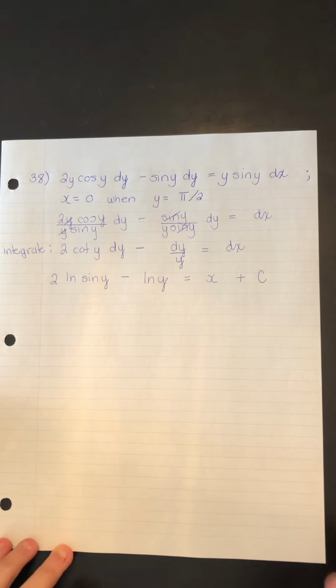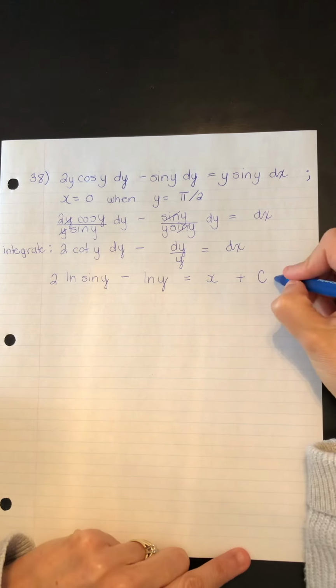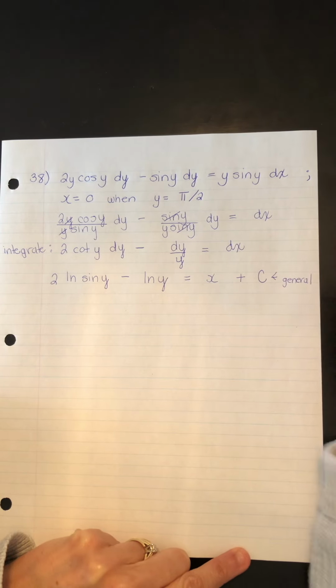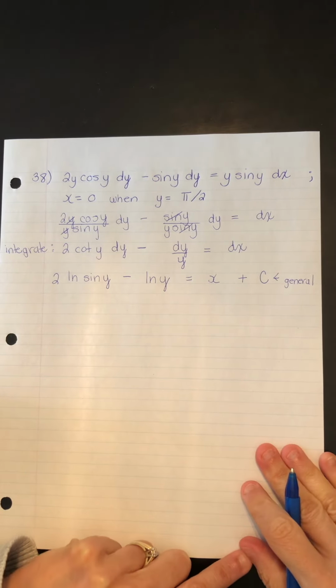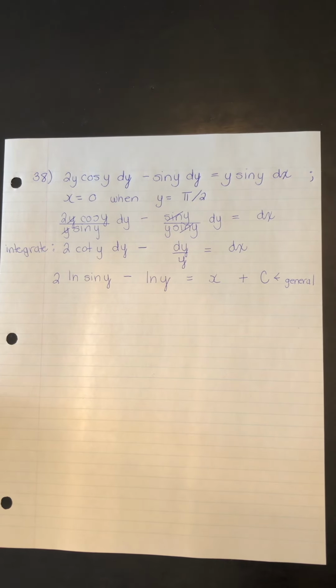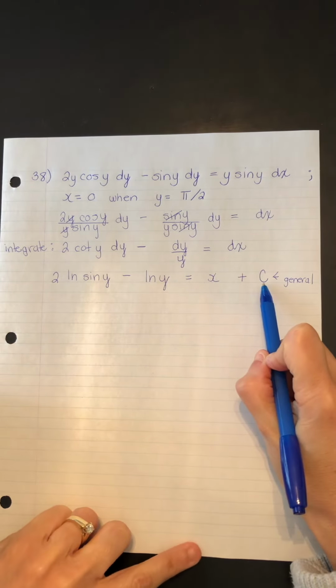Okay, so this is what we could call the general solution. I think it's easier to not simplify this until we've gone ahead to solve for that c value.